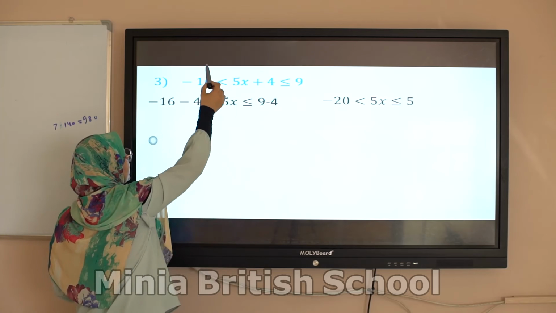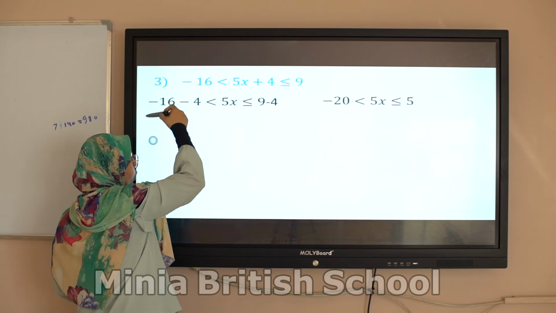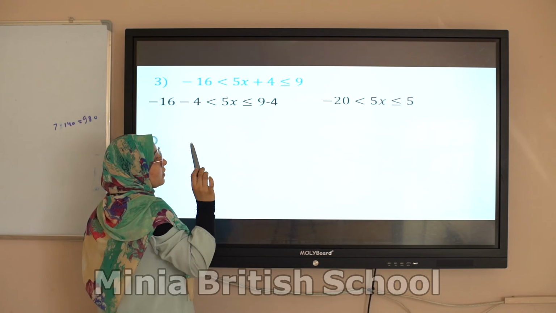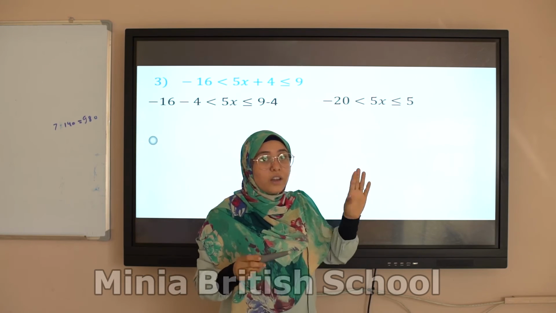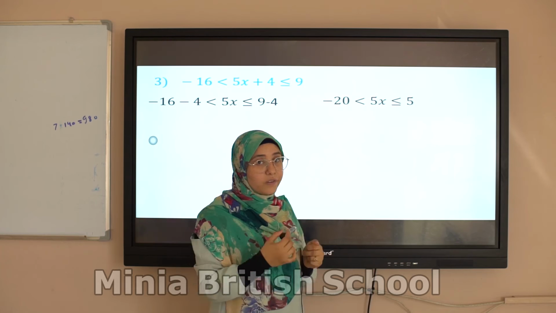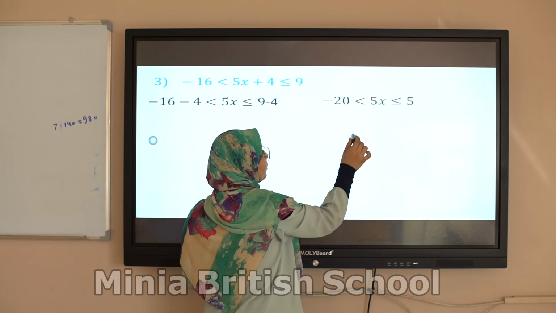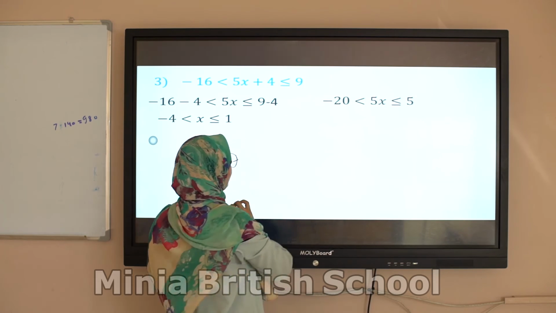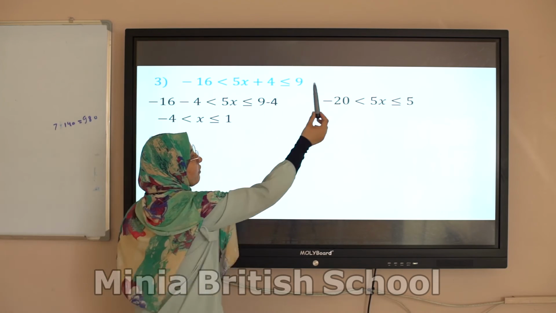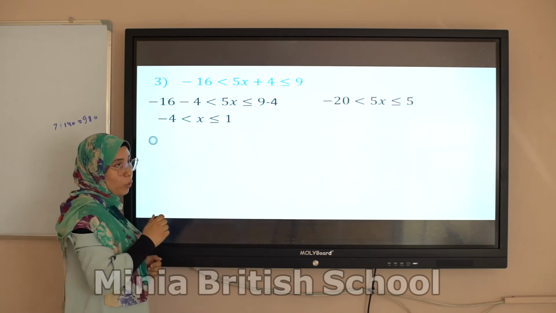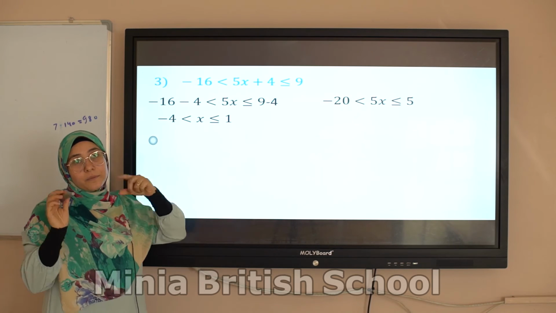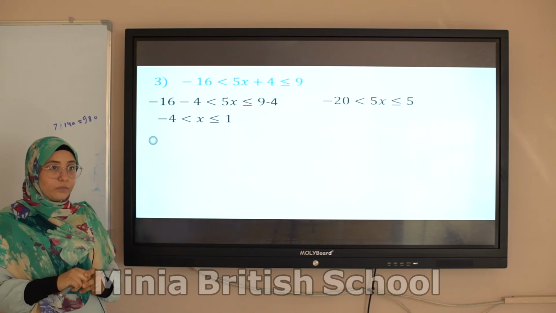And negative 16 minus 4 equals negative 20, okay? Now, I will divide the three sides of the inequality by 5. So, 5x divided by 5 equals x, okay? Negative 20 divided by 5 equals negative 4. 5 divided by 5 equals 1, okay? So, x greater than negative 4 and less than or equal to 1.